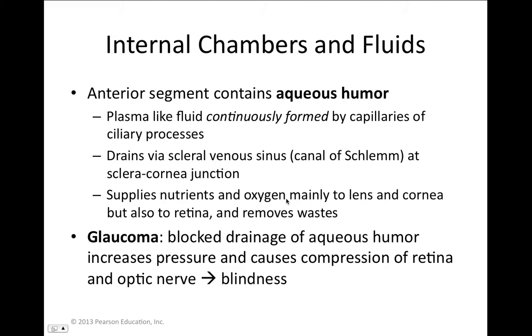So this humor is going to supply nutrients and oxygen to the lens, the cornea, and then also somewhat to the retina. It removes waste because it's a constant flow. So you can't have blood in your aqueous humor or in the anterior segment because blood vessels, red blood cells, white blood cells, and large proteins will all distort vision.